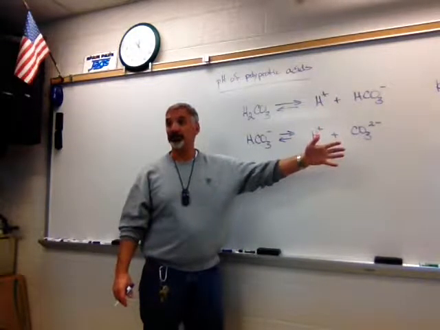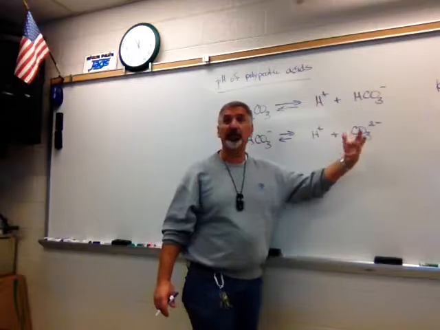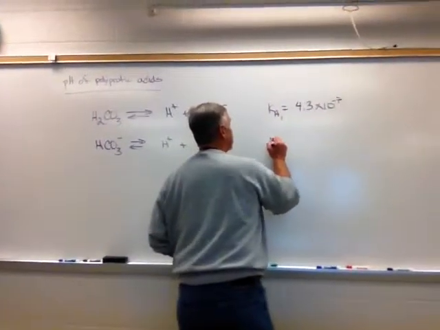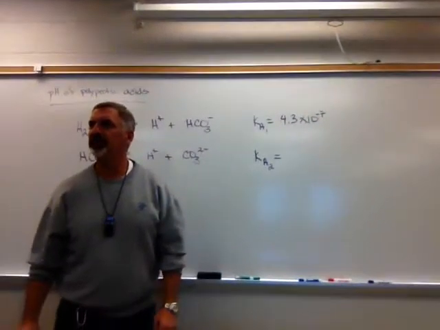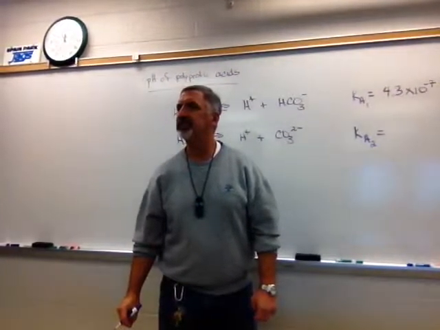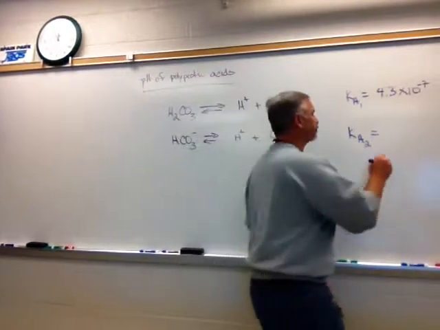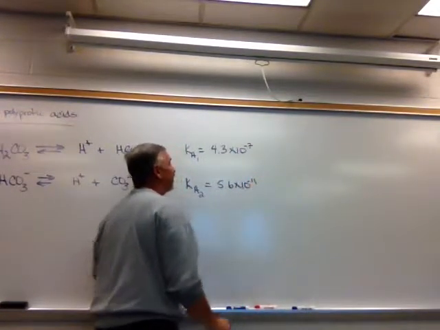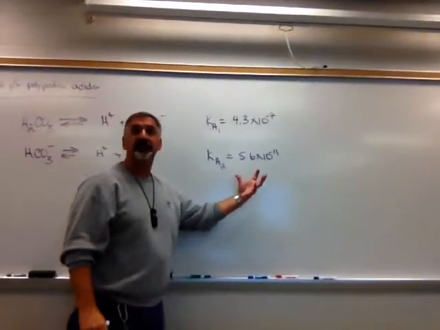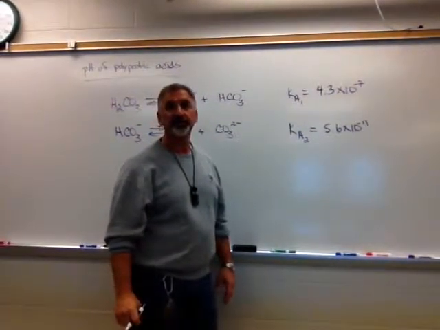A bigger negative number is what I think you're meaning. So it's going to be a more negative value. So Ka2, and you look up there, is 5.6 times 10 to the minus 11. Okay? A factor of 10,000 times smaller value of Ka.